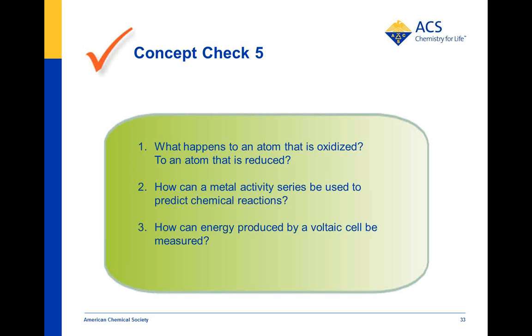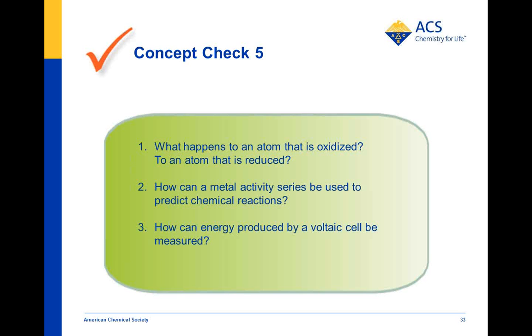In the first concept check, in concept check 5 now, students are looking at oxidation and reduction, a concept that was first introduced to them in Unit 1 and then addressed a little bit in Section A when we talked about electronegativity.